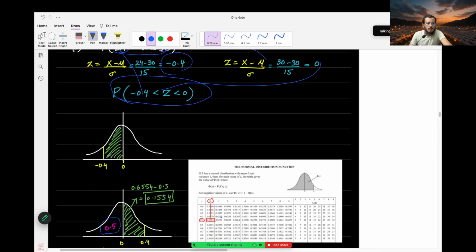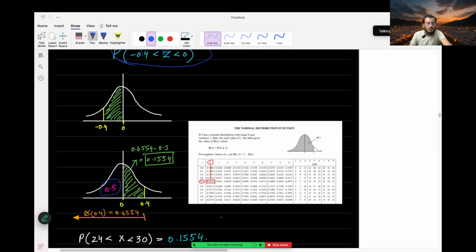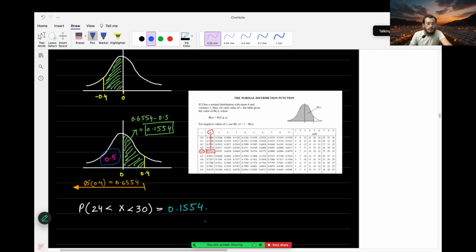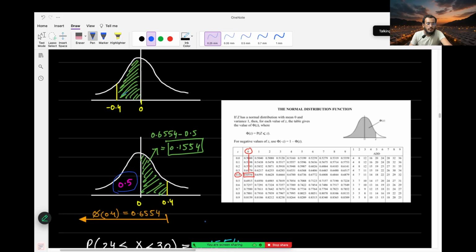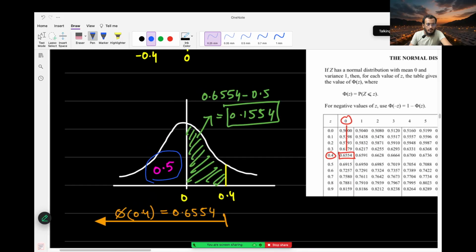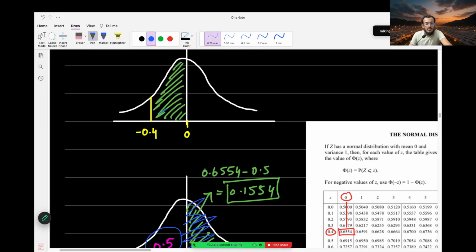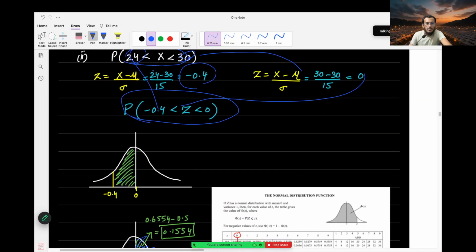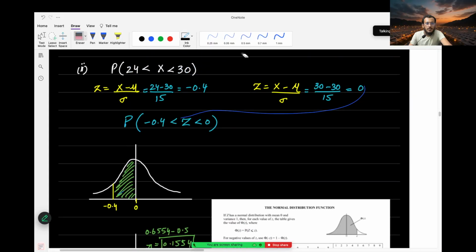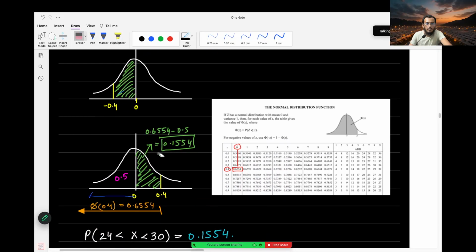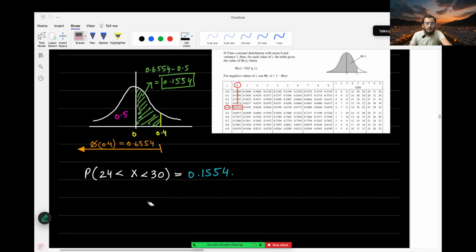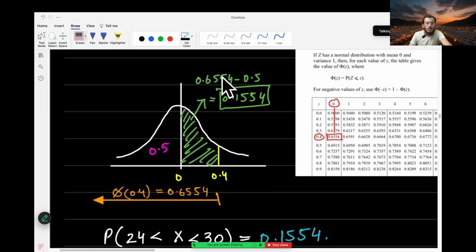Just minus the two probabilities, like 0.6554, which is for 0.4, and 0.5. If you subtract this from this, you will get the shaded region, and this is what we are trying to find in this question. You have to subtract. It is shown here. Yes, we are done.